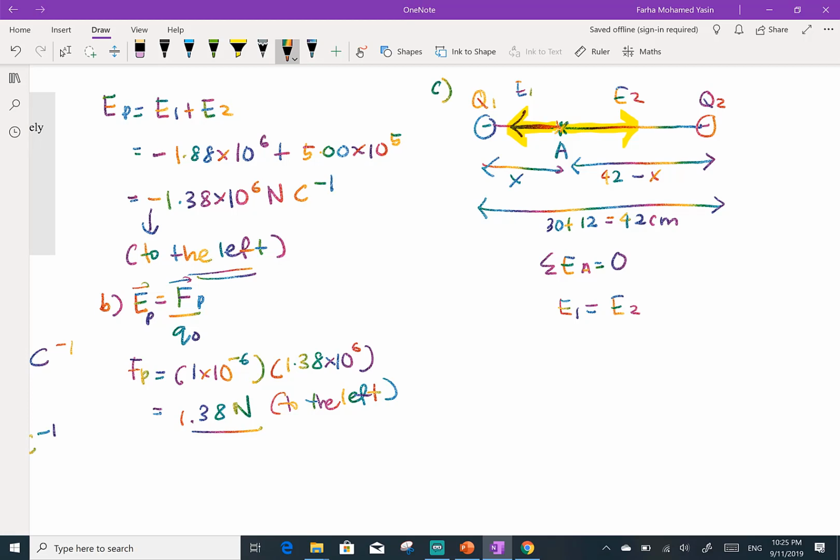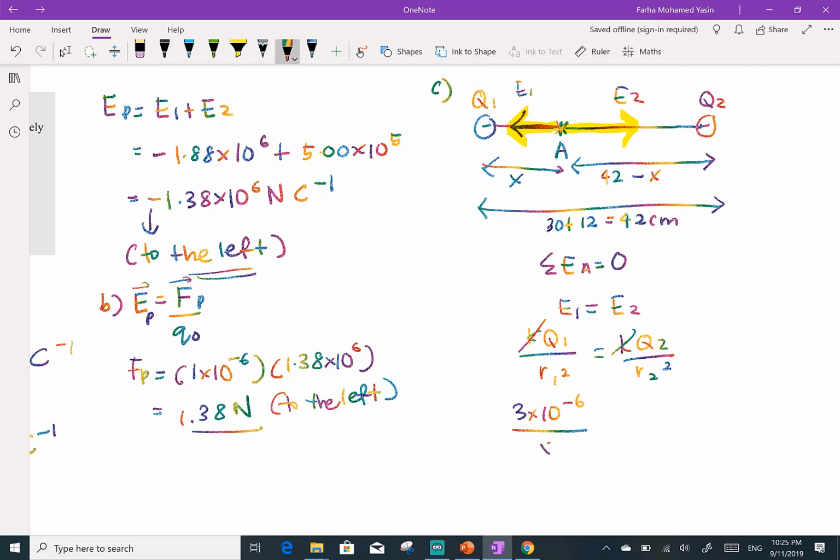Okay, so sekarang kita masukkan formula KQ1 over R1 square equals to KQ2 over R2 square. Okay, so actually tak apa ni, this one kita boleh cancel out. Okay, so Q1 is 3 power of negative 6.